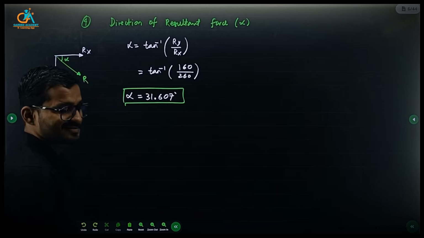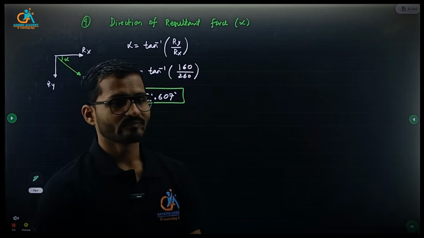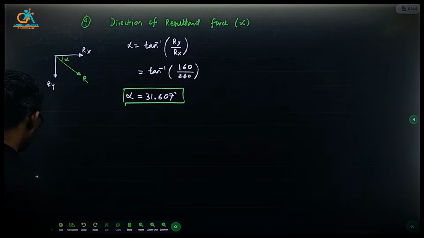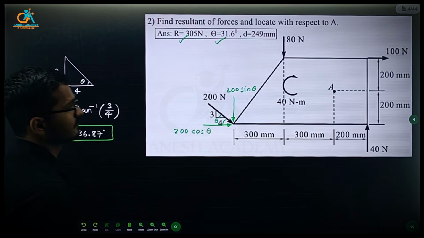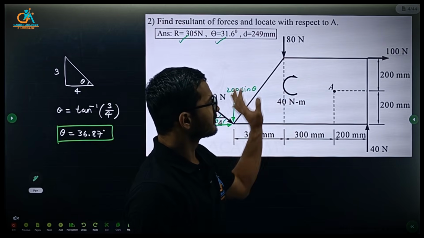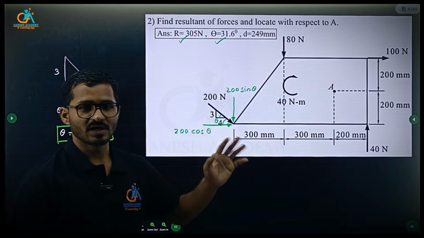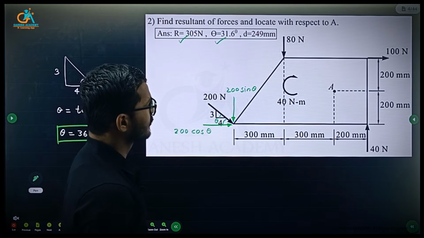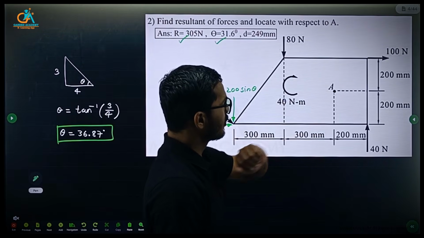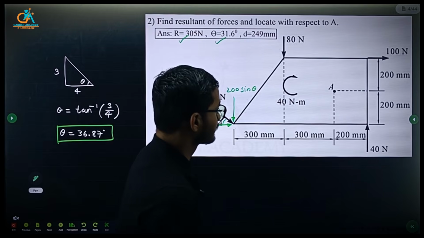Now the next point is the position with respect to point A. This is a general force system which will obviously produce rotation as well. So with respect to point A, where is the force acting?